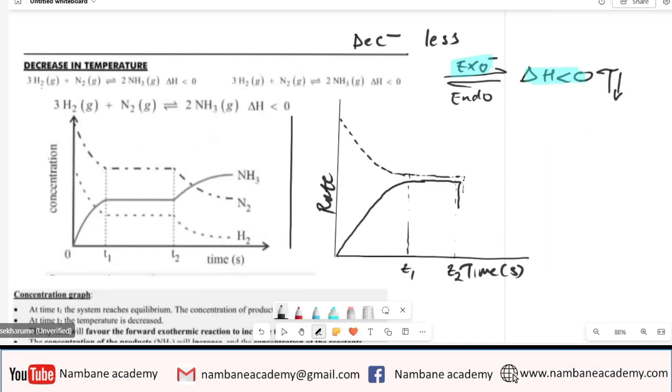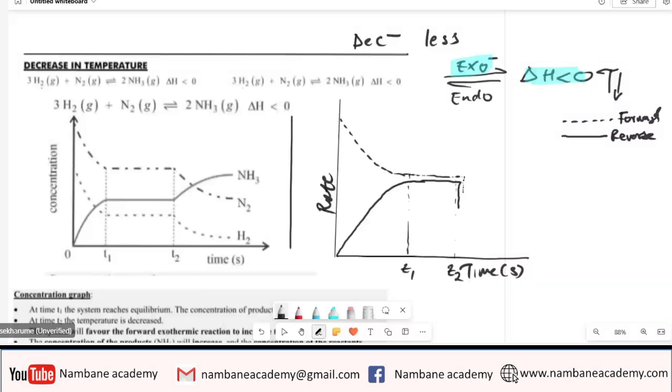So if we decrease the temperature, both forward and reverse reaction will decrease. But now which one is favored? The forward reaction is favored. This one is forward. This one is reverse. We decrease the temperature, we favor exo, which is the forward.